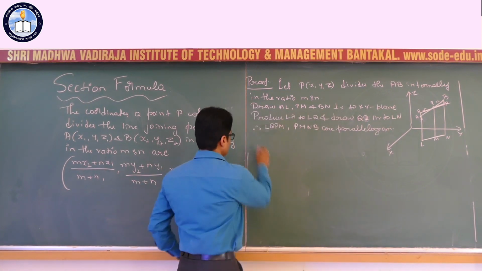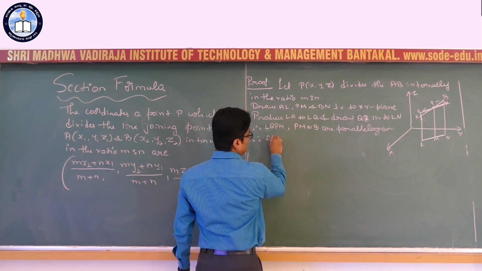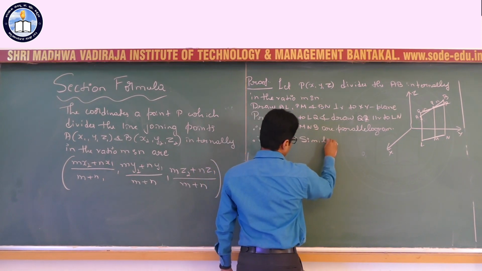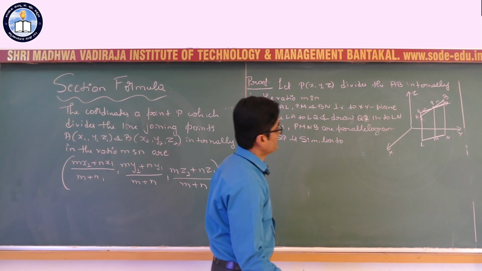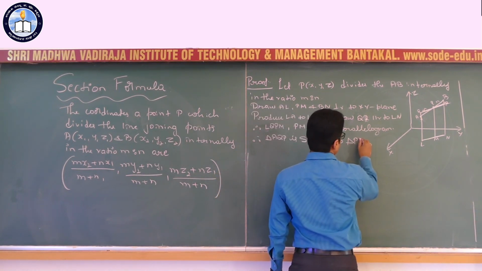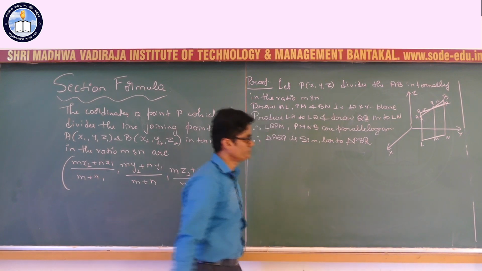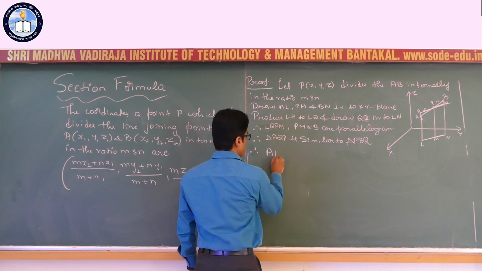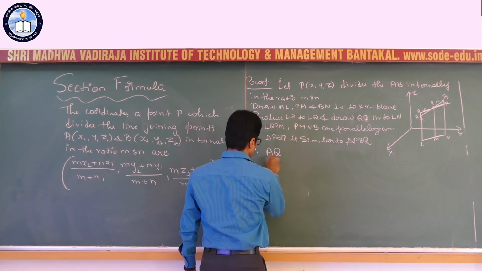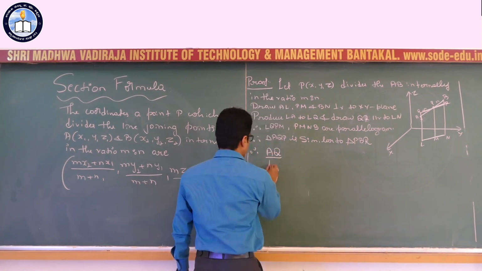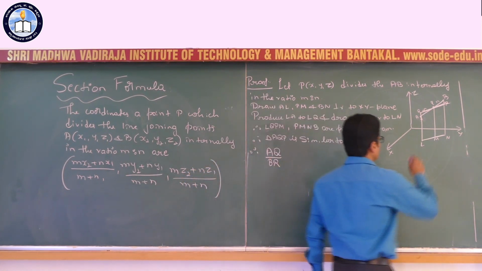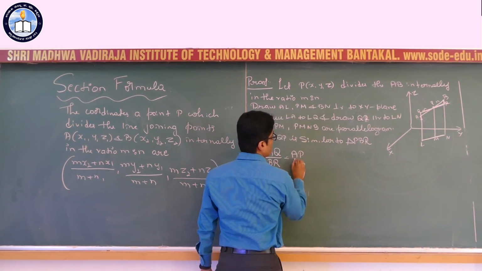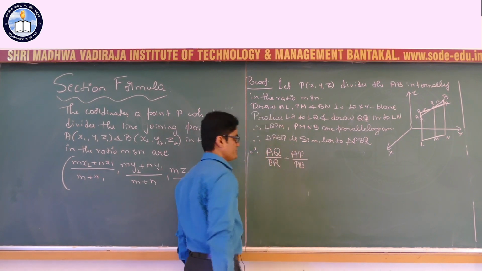Because of this, triangle AQP is similar to triangle PBR. Therefore corresponding sides are proportional. So AQ by BR is proportional to AP by PB.